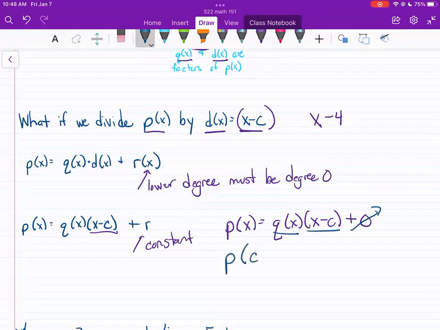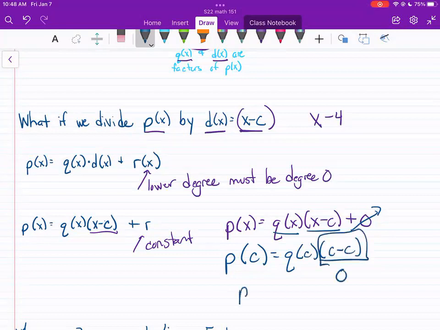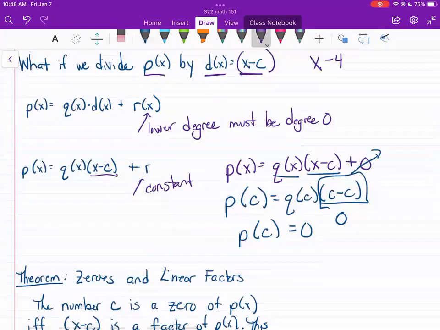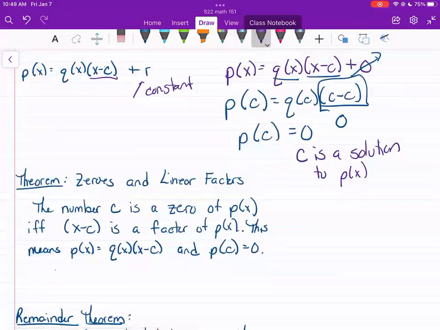So p of c, if we plug in our c value here, notice this comes out to be 0. So therefore, p of c equals 0, and this tells us that c is a solution to p of x.